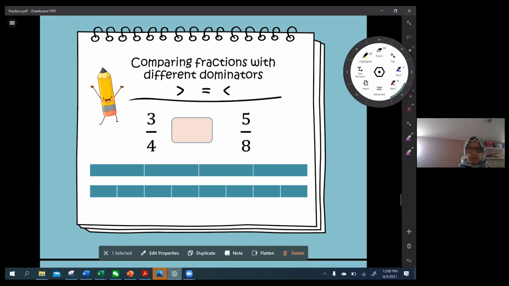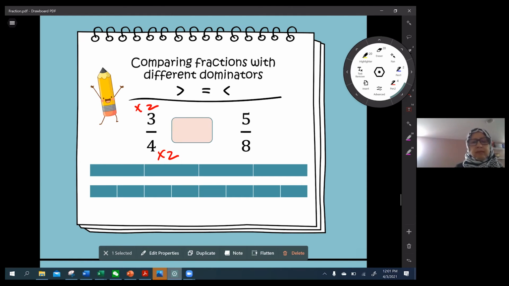So now we're gonna find the 4 times what equals 8. So 8 divided by 4 equals 2, and 4 times 2 equals 8, and the numerator does the same thing. 3 times 2 equals 6. And now 6 is bigger than 5.